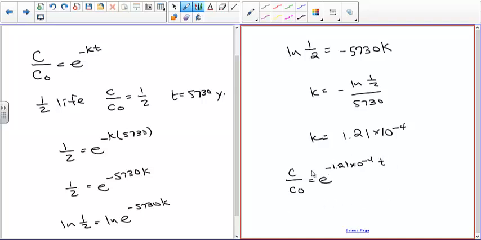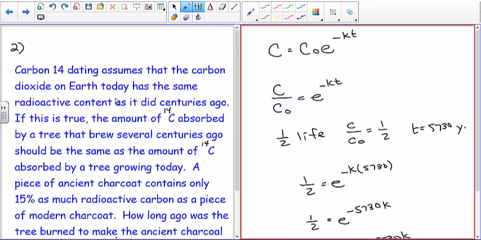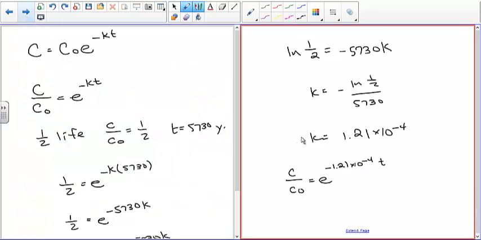So that's our equation. Now, in this problem, the second part of the problem says, how long ago was the tree burned if there's only 15% as much? So what we do is we convert 15% to the decimal equivalent, which is you divide by 100 and take away the percent sign.